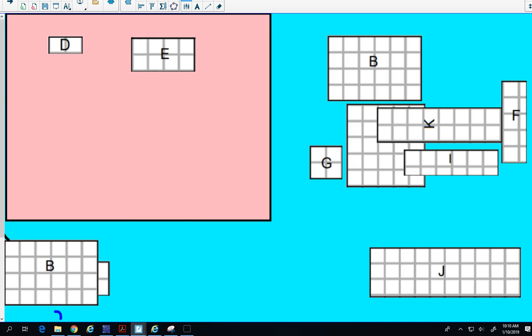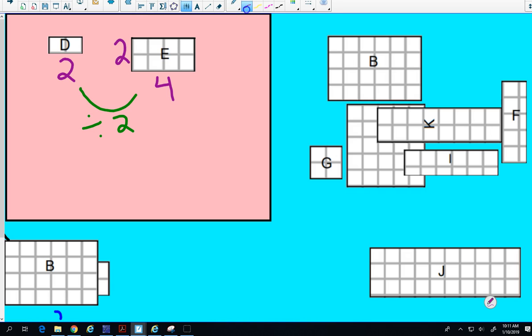Okay, so who can tell me why D and E are proportional or similar? How do I know they're similar? Sanai, how do you know D and E go together? So she's saying if I take the long side of E and I divide it by 2, I get 2. And then what about the other side length? So she's saying this is a division by 2, that D's long side is half the side length of E. And then what about the other 2?